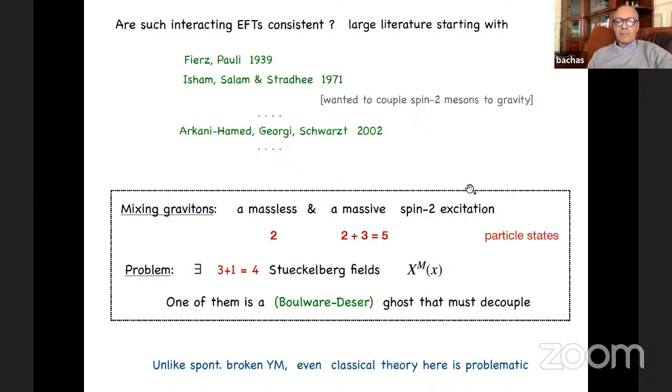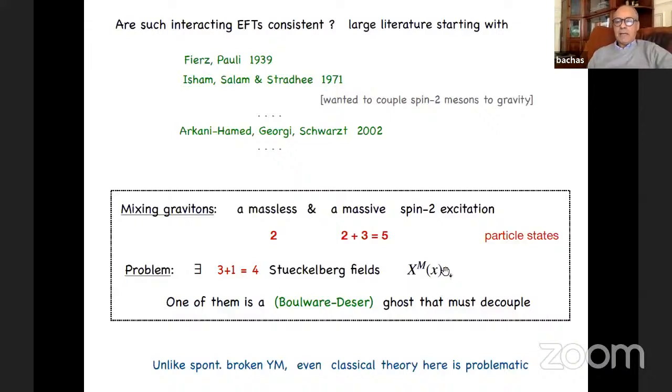And the basic classical problem is very simple to understand. We have 2 gravitons. When these are massless, each has 2 independent polarizations. But when they mix, one of them will become massive. So this is 2 + 3 = 5 spin states. On the other hand, I have just introduced, without telling you, 4 Stuckelberg fields.